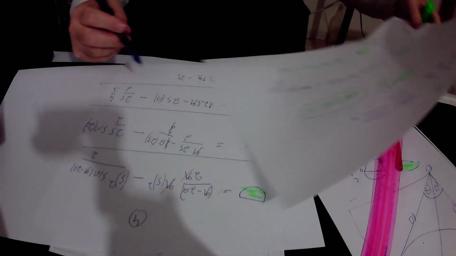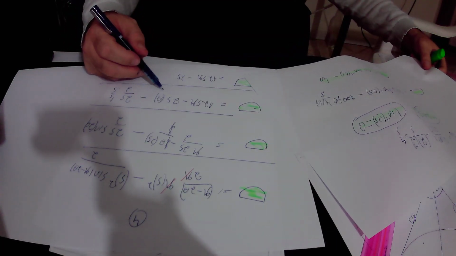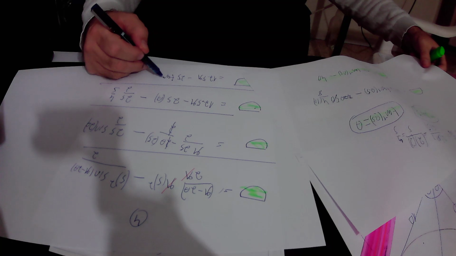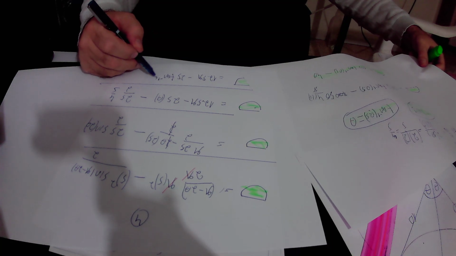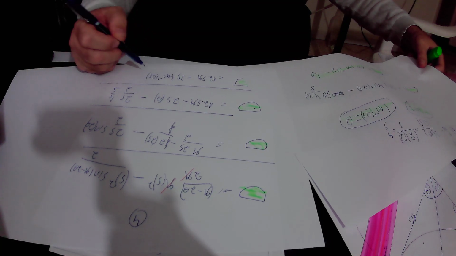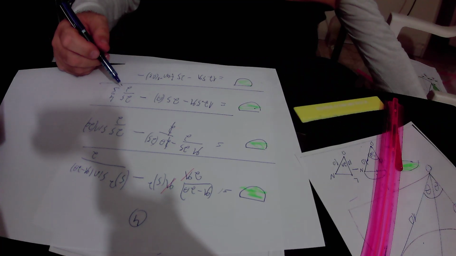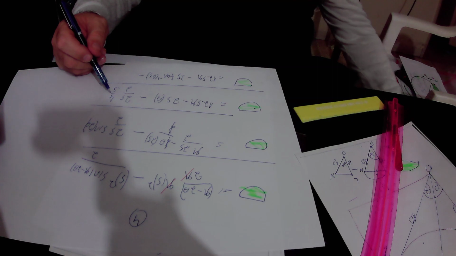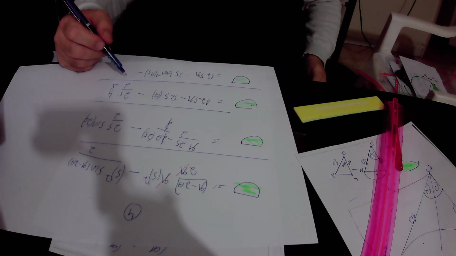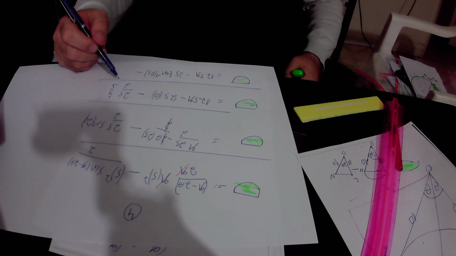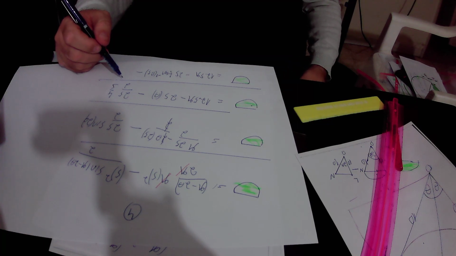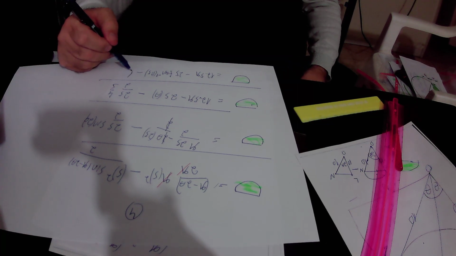So we can substitute theta here by tan inverse of 0.5, and here 25 times 4 is 100. In the denominator we have 2 times 5, that is 10. 100 over 10 is 10.